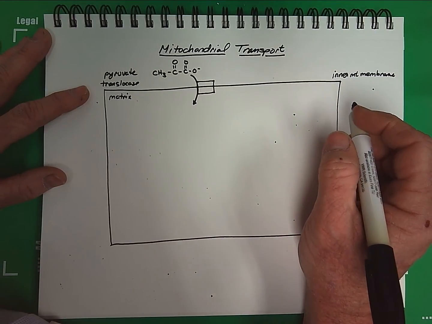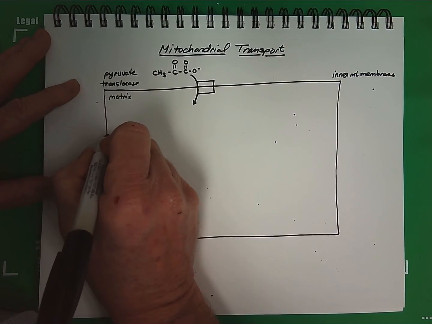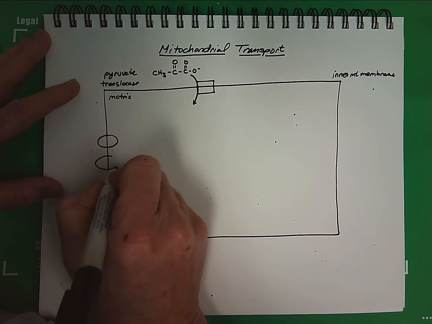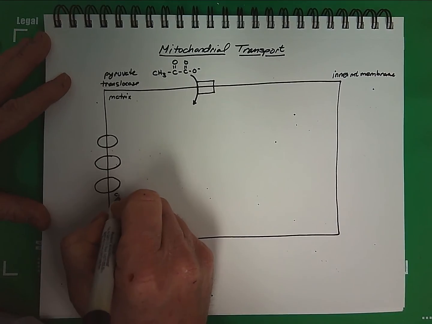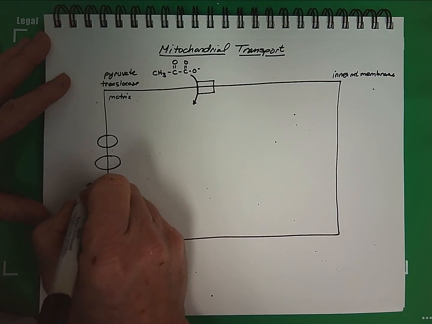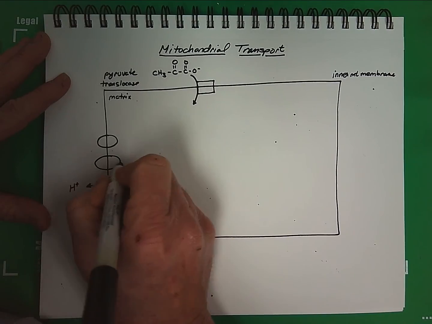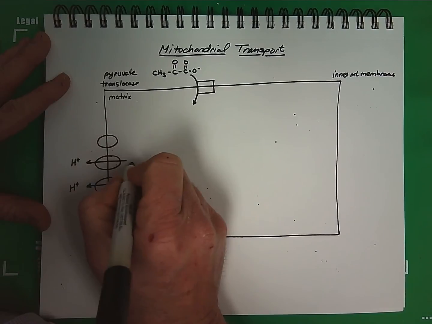Now to drive this process, we are going to take advantage of the proton gradient that is established by the electron transport chain. So recall that complex 1 is going to pump protons into the intermembrane space.